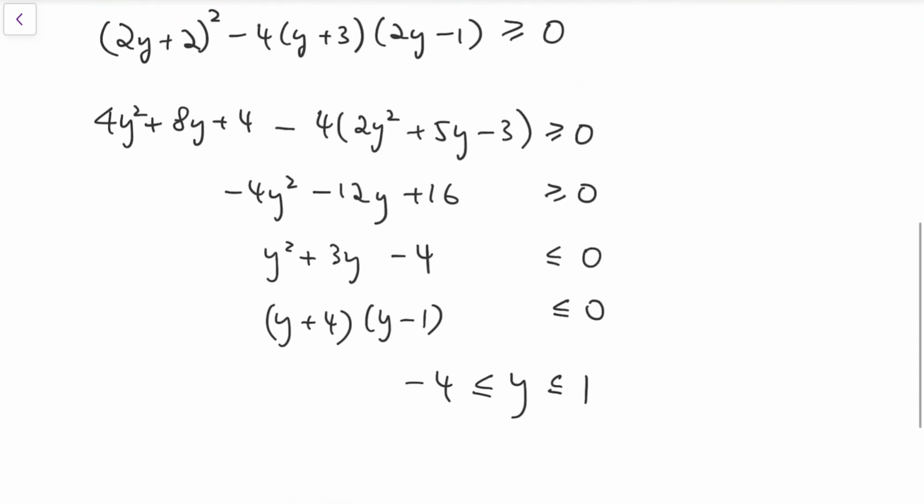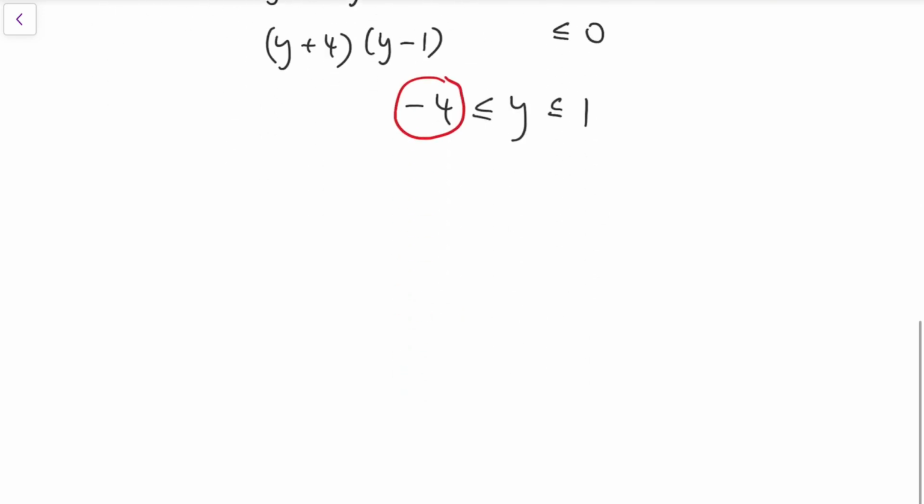So now the candidate for the minimum value of this function will be the lower bound of this range, which is minus 4. So let's see whether minus 4 is attainable.